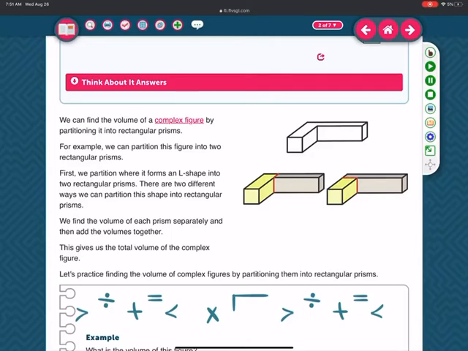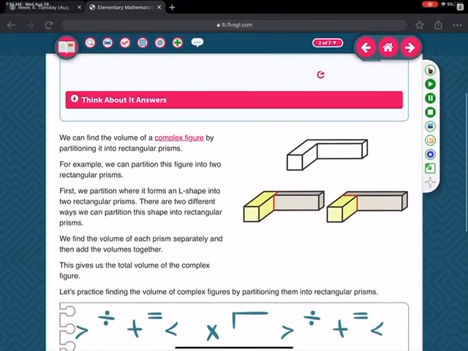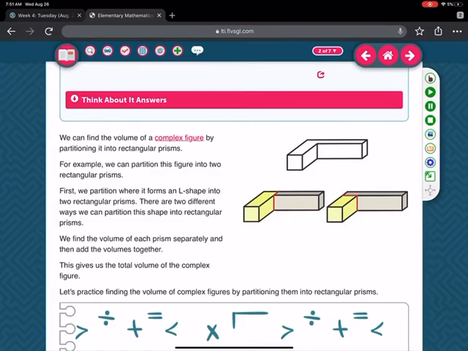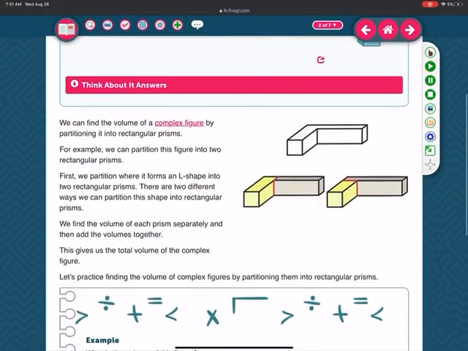Because that's not something we learned. But what we have learned is how to get the volume of rectangular prisms. So we're going to split this L shape into the yellow piece and the gray piece in order to get the total volume. So we're going to add them.